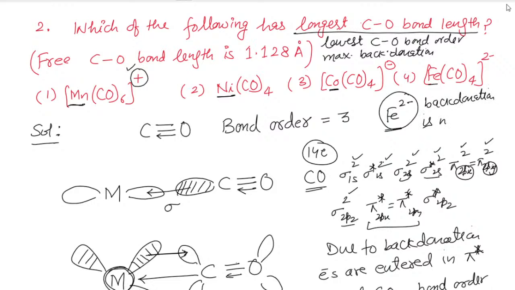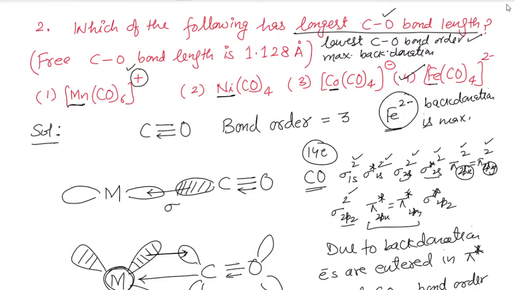As back donation is maximum, bond order is lowest because that electron is donated to the pi star orbital. That's why bond order decreases and bond length increases. So the fourth option is correct.